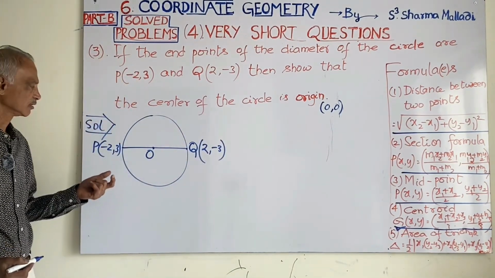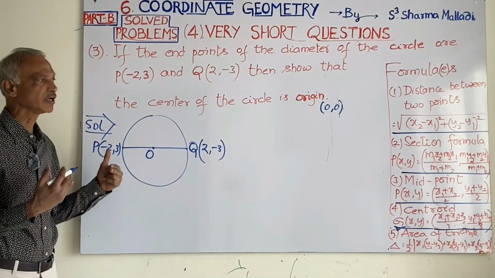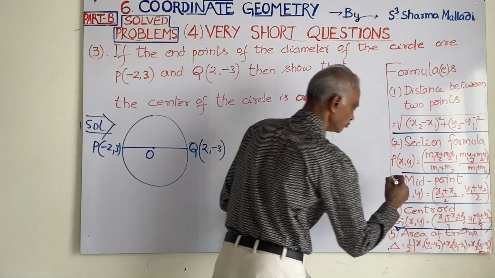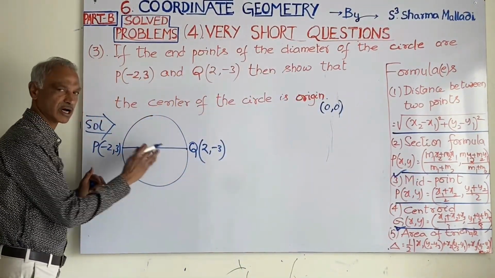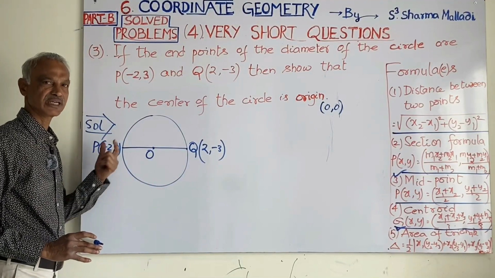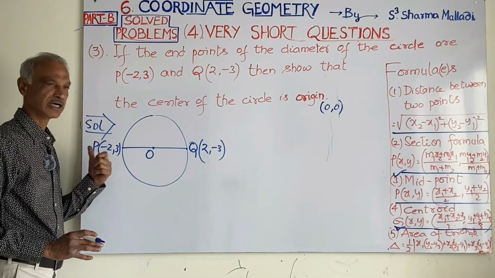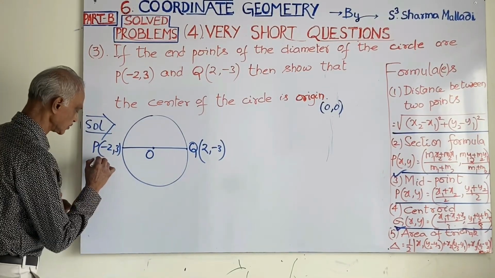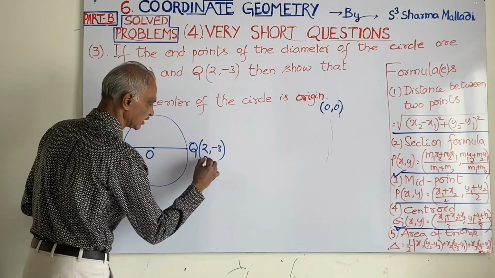We have to check whether the center of the circle is origin. Which formula do I have to take? You have to take the midpoint. The midpoint of the diameter, the midpoint of P and Q, is origin. Whether you will get (0, 0) or not, we have to check.